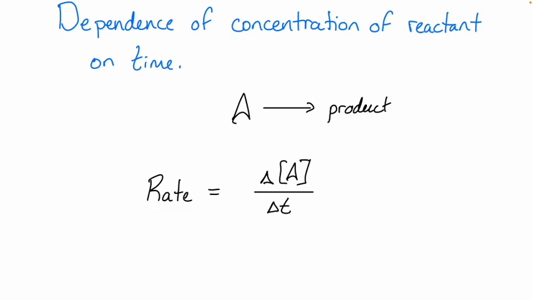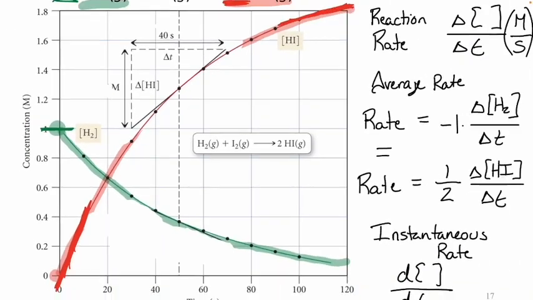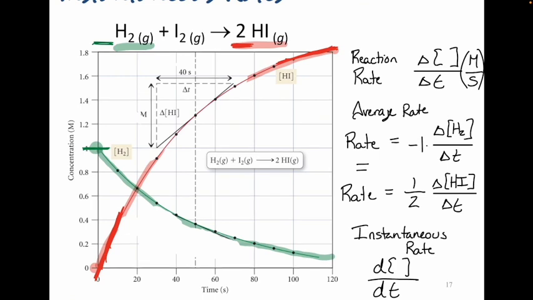We do this experiment. We measure the concentration of reactant or product as it changes over time. All right, so I'm measuring the concentration of A as it changes over time. The slope of that curve is my rate.